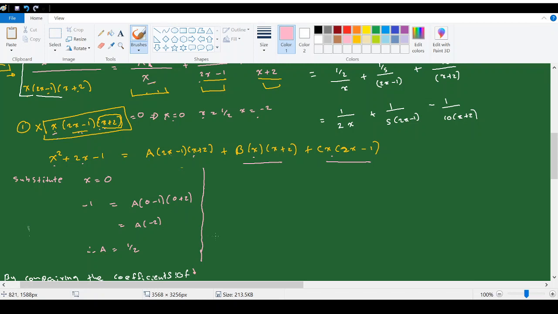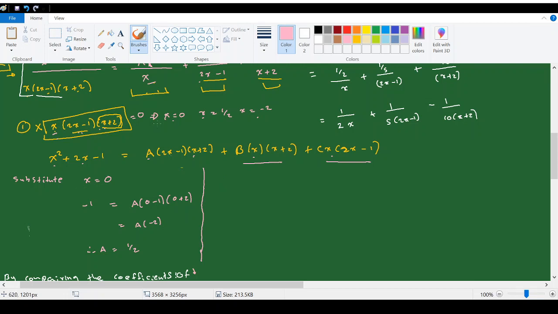Okay, we will see those examples later on, and sometimes we might need to apply both methods to compute A, B and C. Okay, you will eventually come across those types of problems, right?